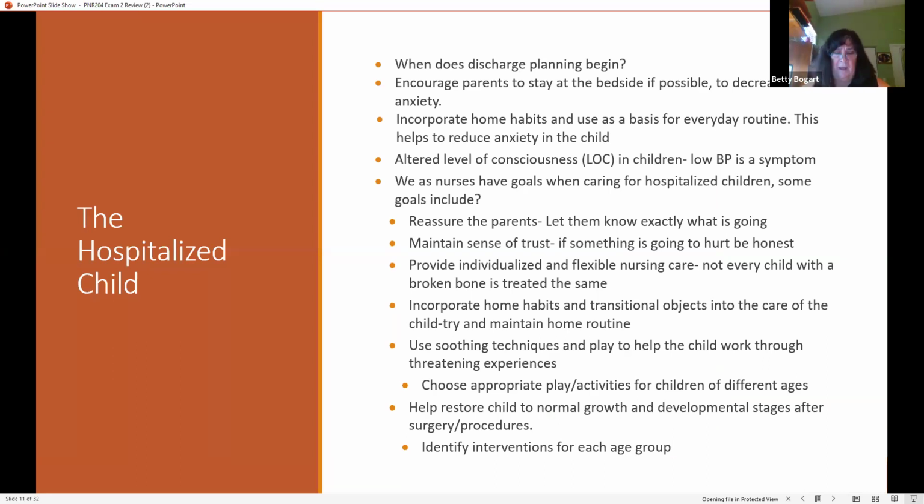So hospitalized child, you're the nurse in the hospital and they're being hospitalized. So when does discharge planning begin? And that's always the minute they walk on your unit.